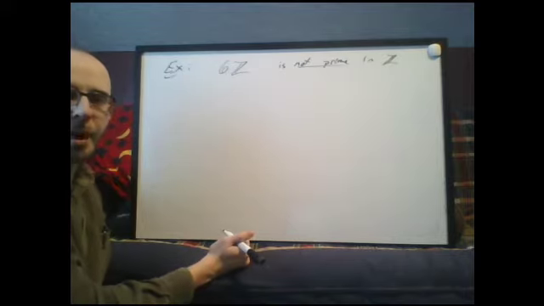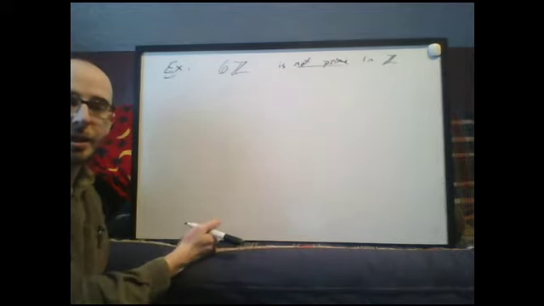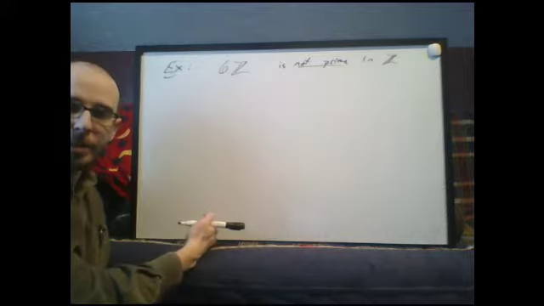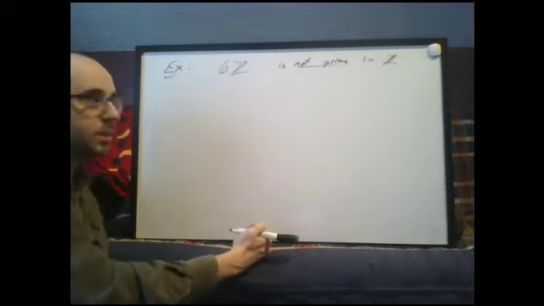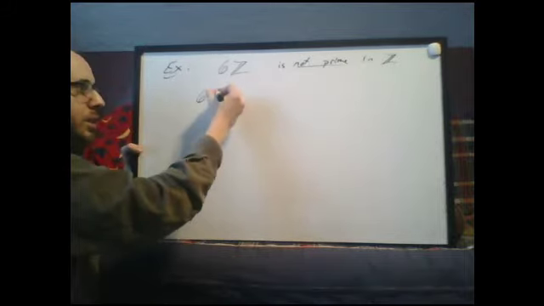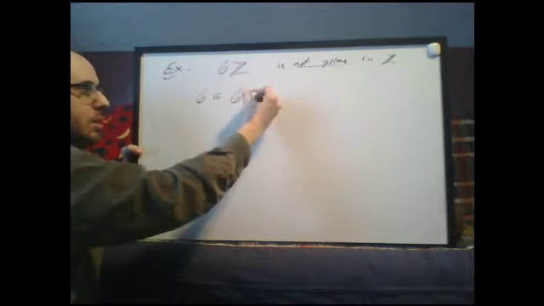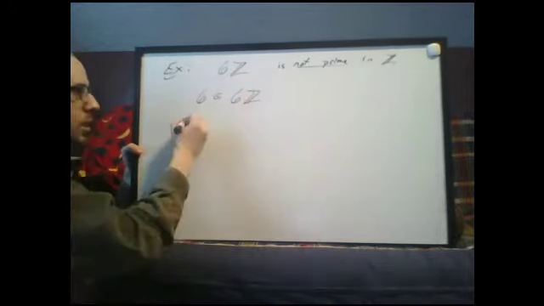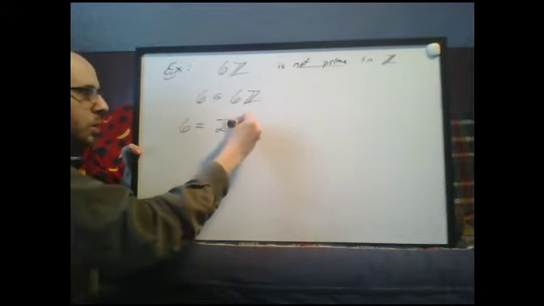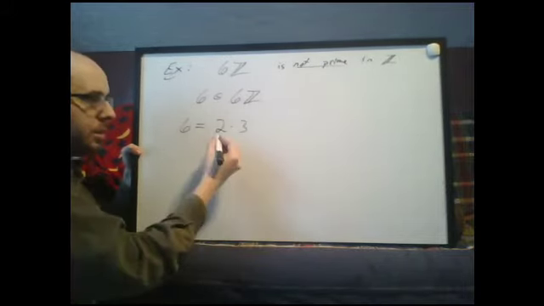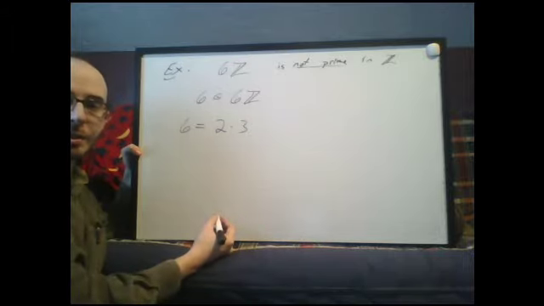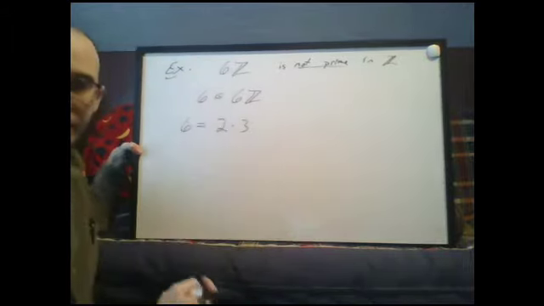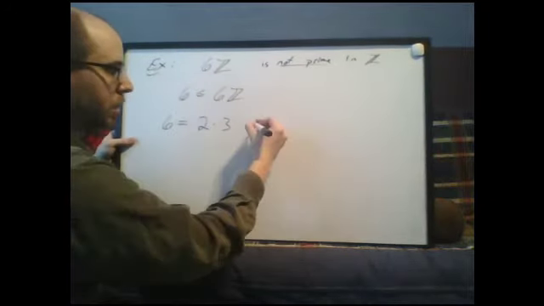But it's not prime because I can find an element which factors as elements that are not in 6Z. That element would be 6. 6 is an element of 6Z. 6 equals 2 times 3, and neither 2 nor 3 is an element of 6Z. So neither 2 nor 3 is a multiple of 6.